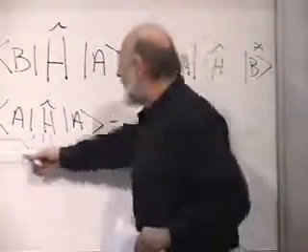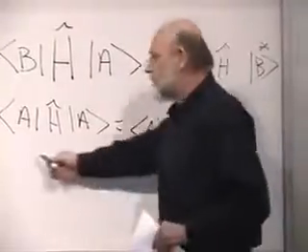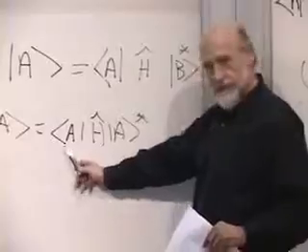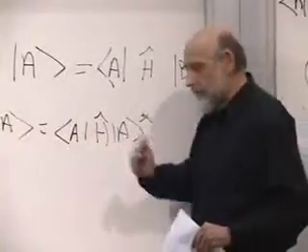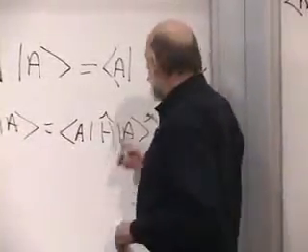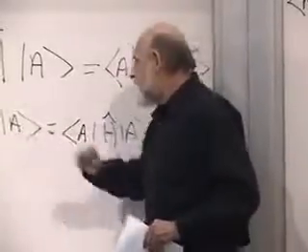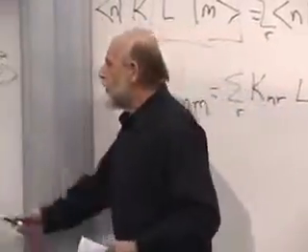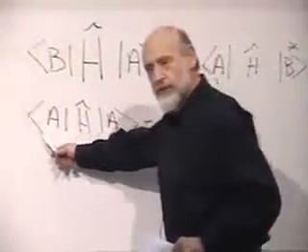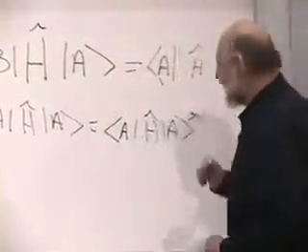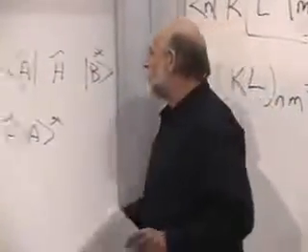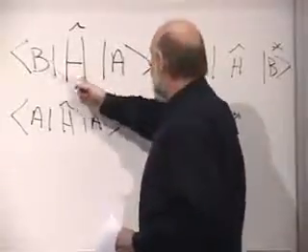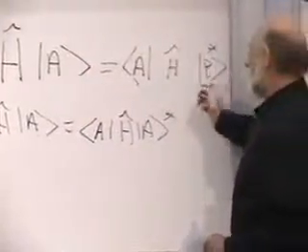Incidentally, this can be taken to be the full definition of a Hermitian operator. You can derive the top from the bottom. I won't bother doing it, but it does follow. So you can take the definition to be any operator which, when you sandwich it between the same state or the same vector on both sides, gives you something real. It follows from that that if you interchange the bra and the ket in a matrix element of H, you get the complex conjugate.